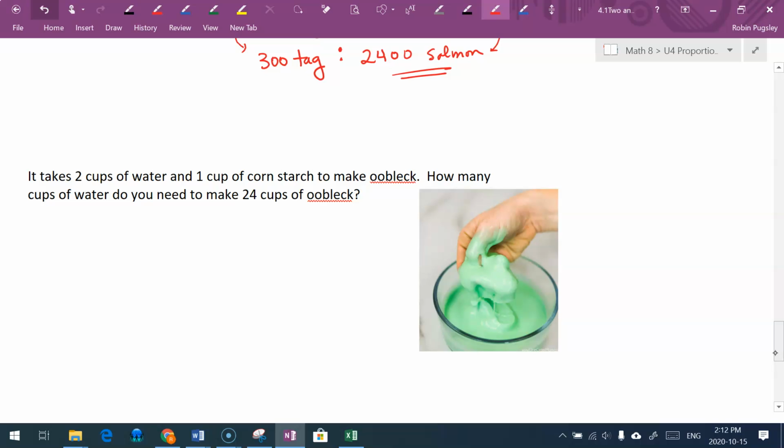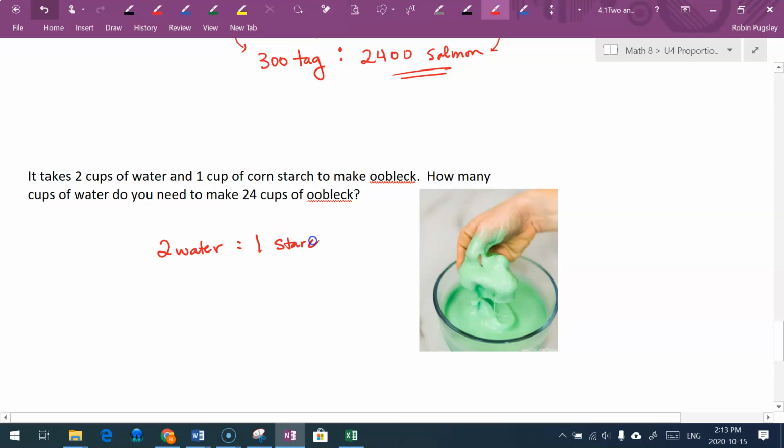It's like knocking on a door. But if you rest your hand softly in it, it turns into a liquid and turns into slime. This oobleck recipe calls for 2 cups of water and 1 cup of cornstarch. So 2 cups of water for every 1 cup of cornstarch. I'll just write starch so I don't write so many words.